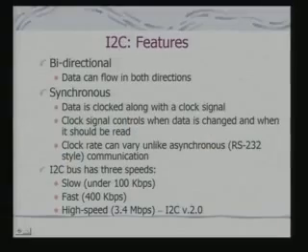It's a synchronous bus, so the data is clocked with a clock signal. In fact, the clock signal controls when data is changed and when it should be read. That clock maintains the overall control. The clock rate can vary, unlike asynchronous communication.